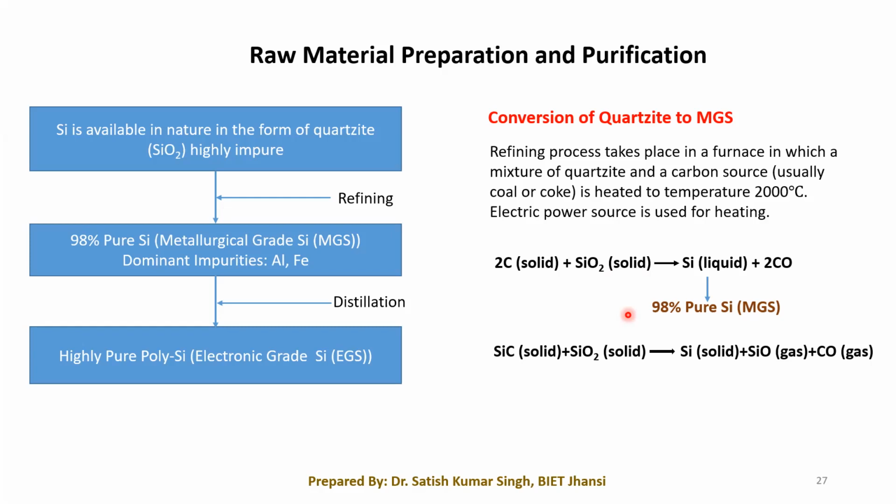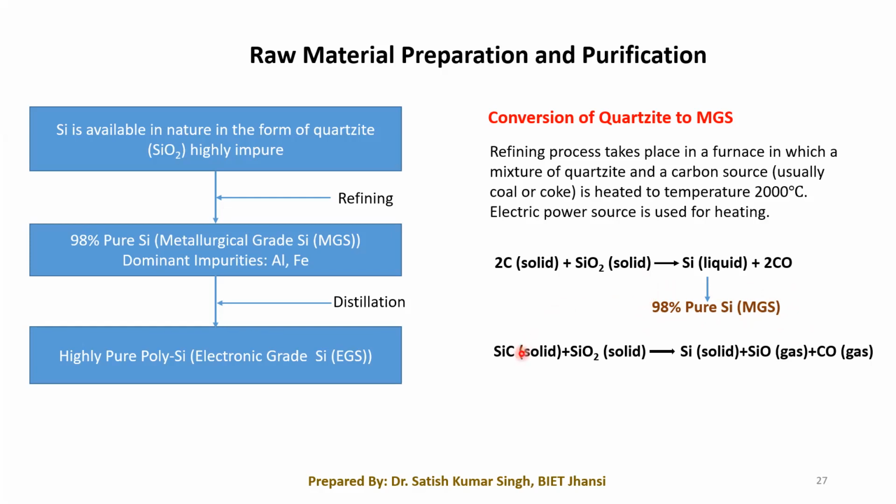Its conductivity changes when we add impurities, and that's why we need to further refine it. This silicon is not suitable for making ICs or any electronic devices or components.